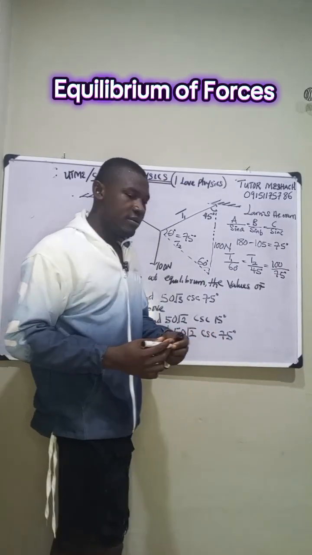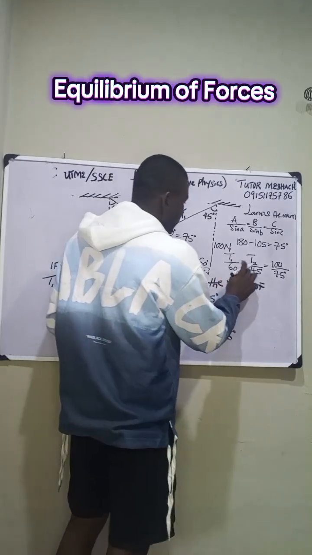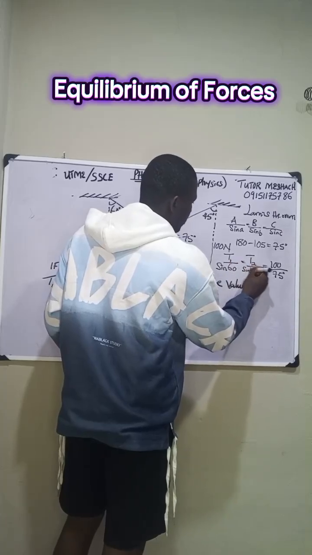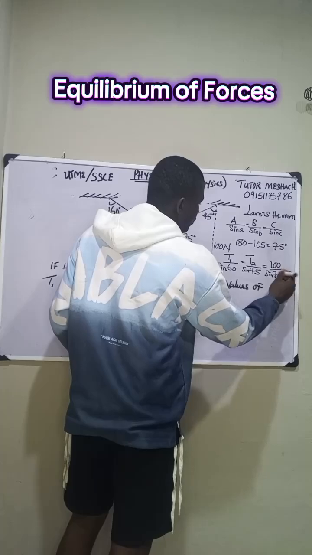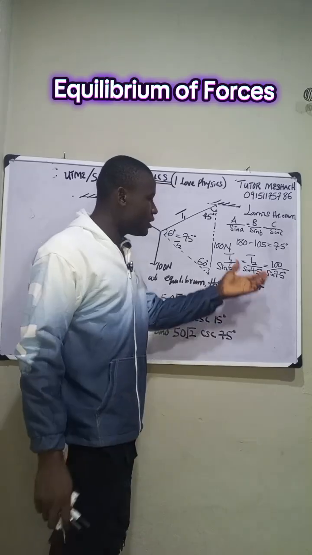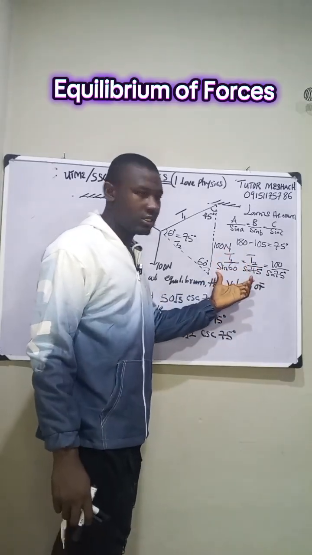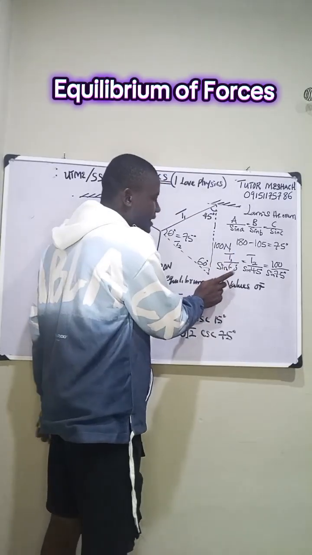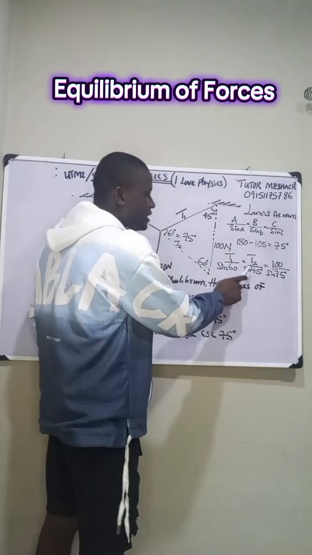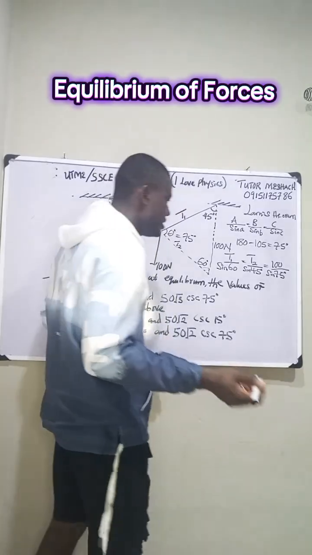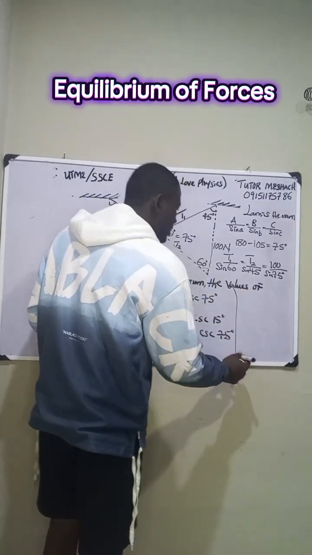Very simple. You put the sine. Now listen, since we have gotten this, the only thing we are going to do now to get T1 is to compare this and this. To get T2, you compare this and this. Now, how are we going to compare it? It is very simple.